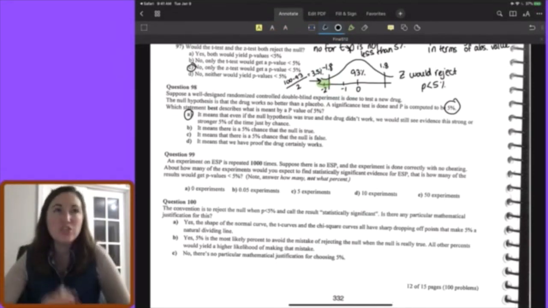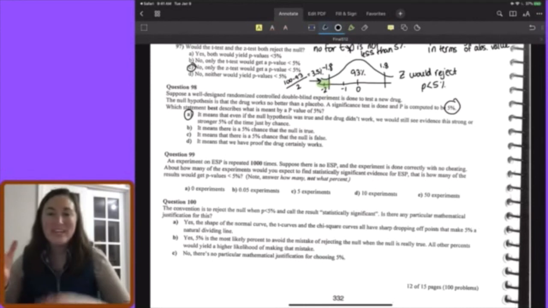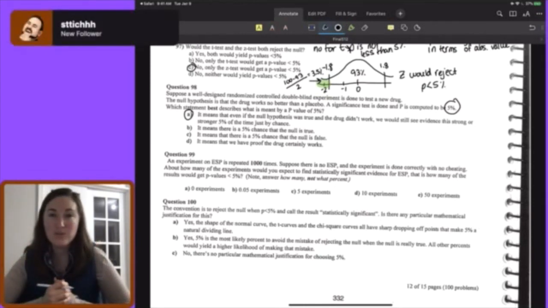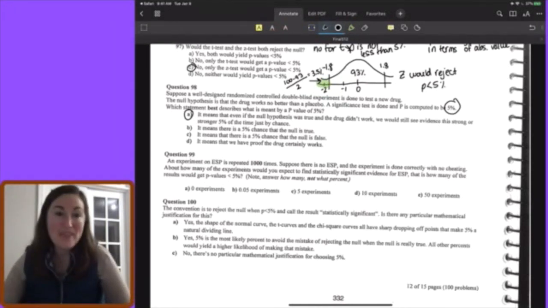So even if there's nothing weird going on, even if the null hypothesis is true, sometimes in the world we get these strange results that look statistically significant even when they aren't. So these tests, again, have limitations. They're not 100% accurate. If I did an experiment 1,000 times, basically the 5% cutoff is saying that 5% of the time I'll get these really weird results just by chance.